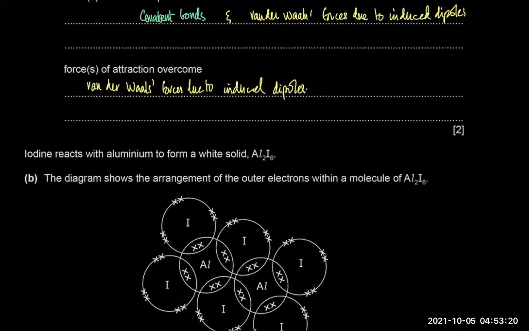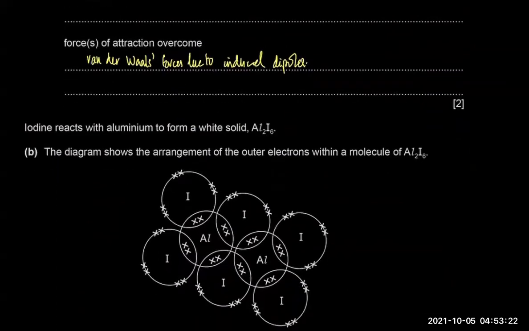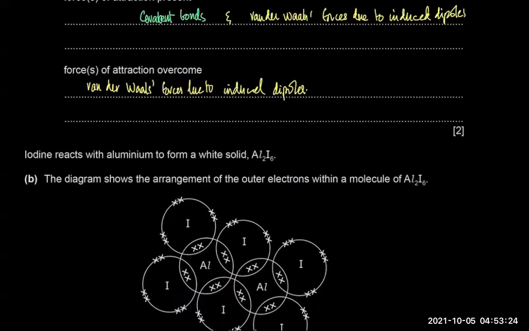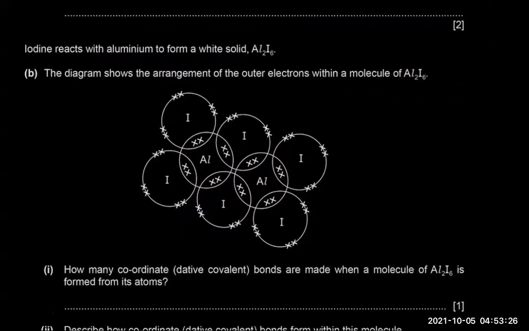Iodine reacts with aluminum to form a white solid Al2I6. The diagram shows the arrangement of the outer electrons within a molecule. How many dative bonds are made when a molecule of Al2I6 is formed? It's similar to what we saw with AlCl3, right?